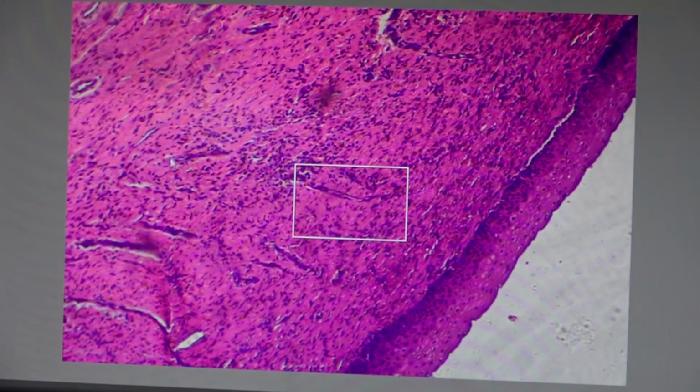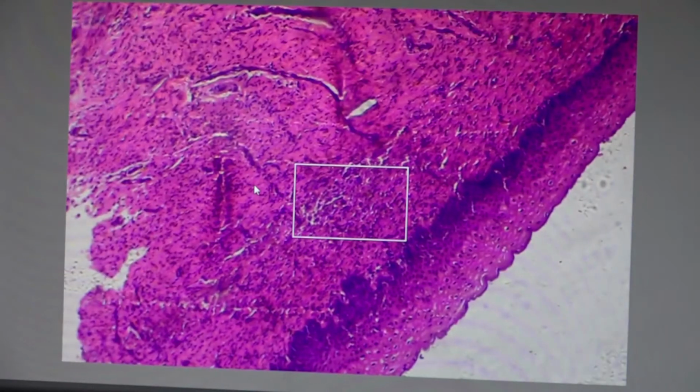This area represents an aggregate of inflammatory cells, and there are also some inflammatory cells here. These cells are chronic inflammatory cells, mainly lymphocytes.